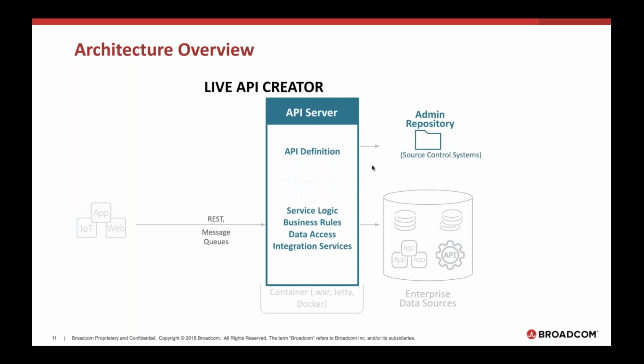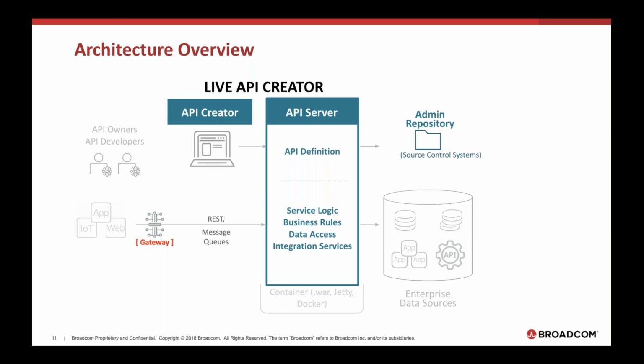Once you've created your server, you can publish this to the gateway for security and rate limiting and other services, and you can publish to the portal, which gives developers the ability to enhance who has access to and what they can do with their APIs.